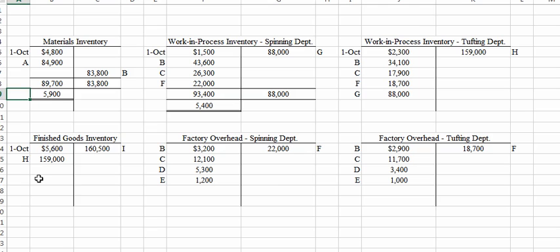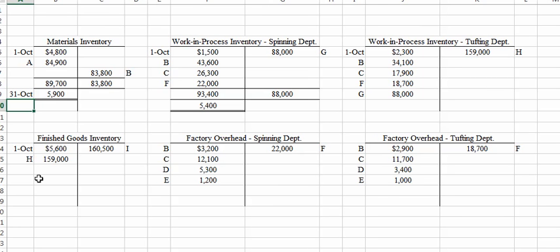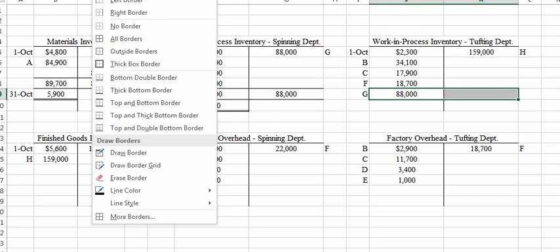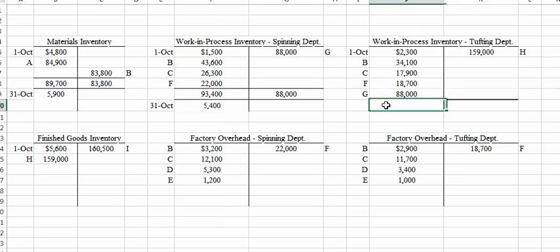This is going to be the October 31 balance. Okay, let's sum these. I don't know why, but I have to have these all looking really nice and neat for some reason.